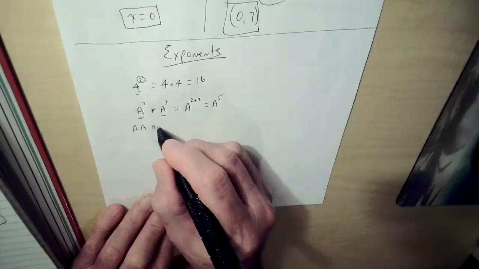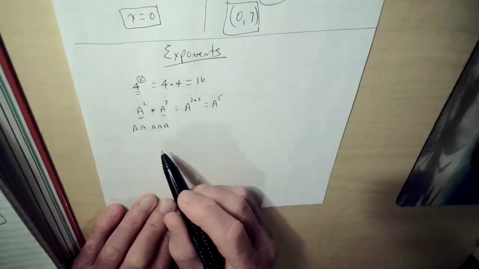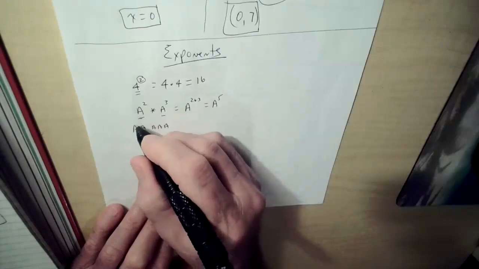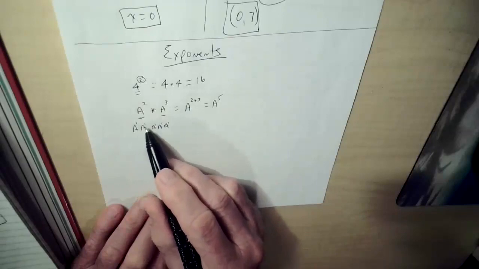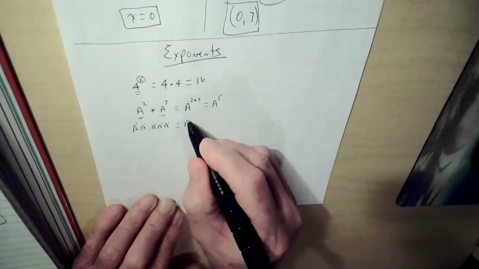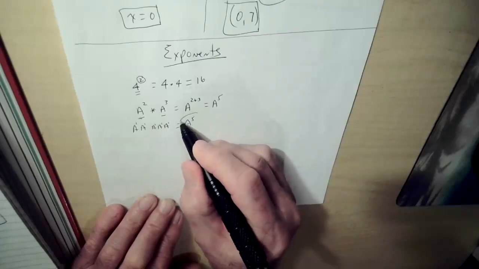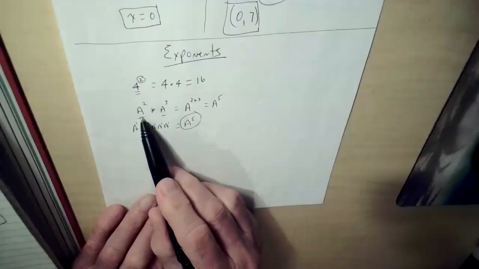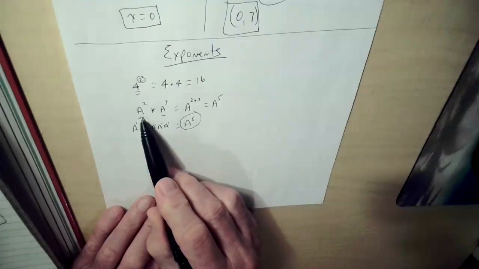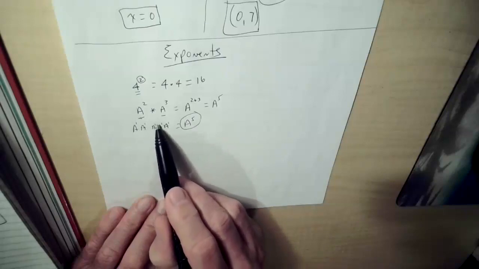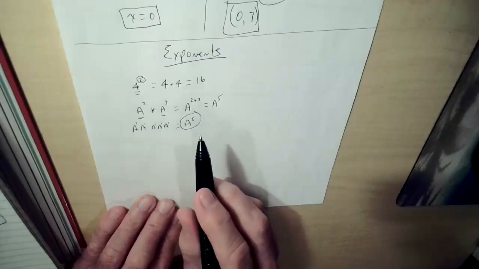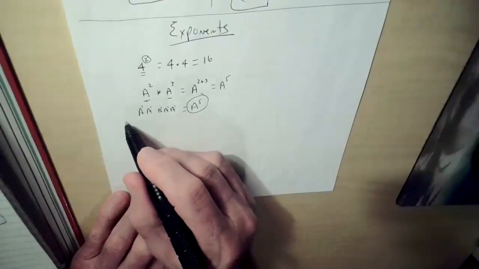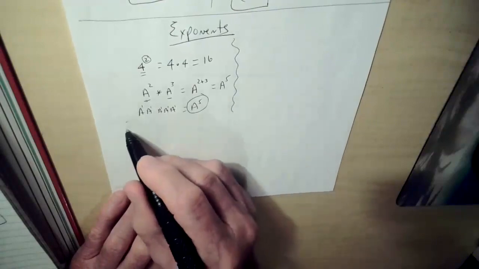Because a squared means a times a, and a cubed means a times a times a. The exponents on these are 1, we just don't write them. So that's 1, 2, 3, 4, 5, so this equals a to the 5th.